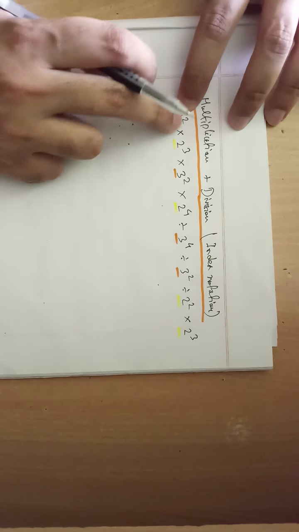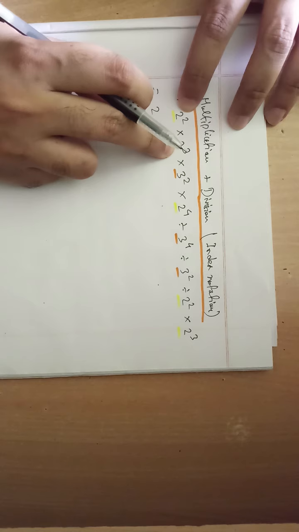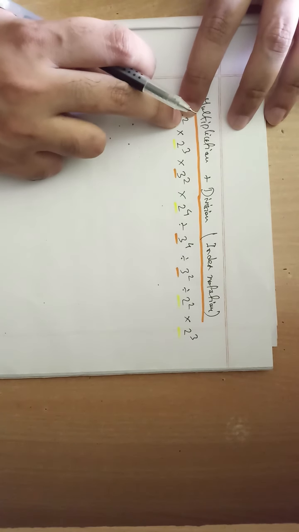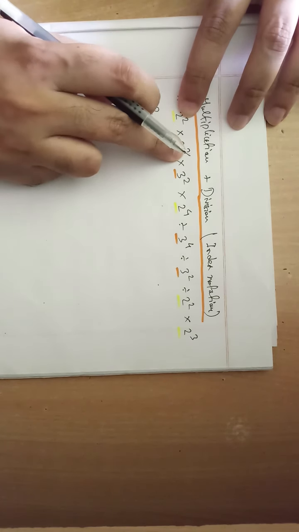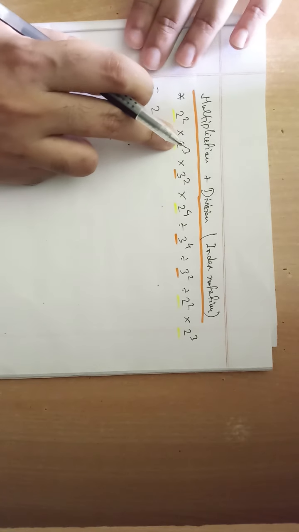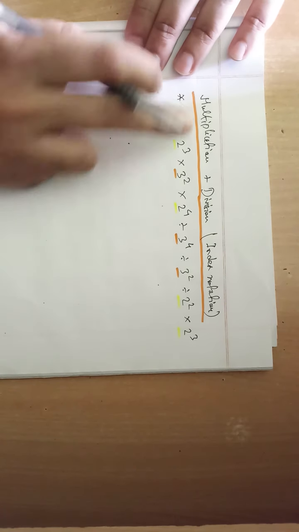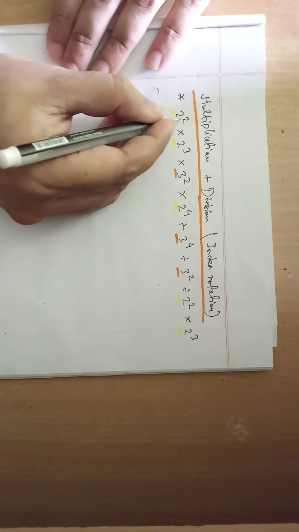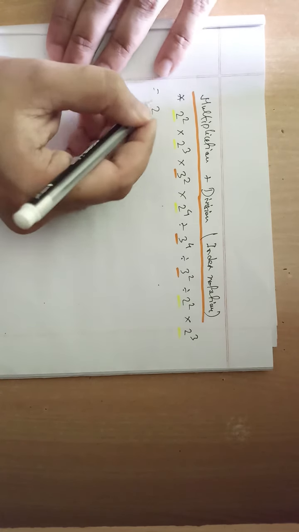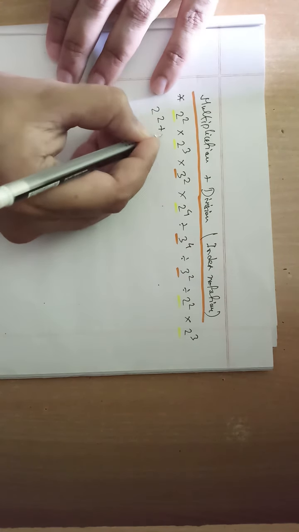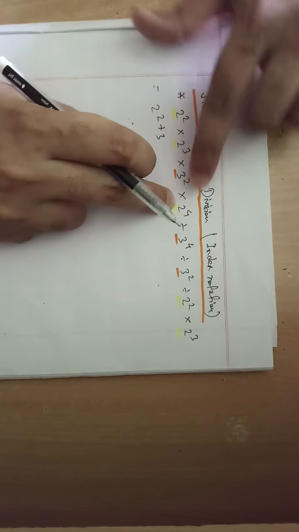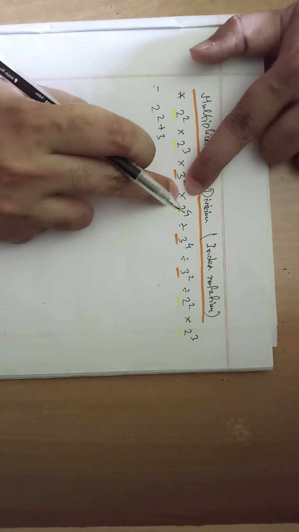Now when there is a multiplication, right? So 2 square multiplied by 2 cube. So while they are in a state of multiplication, I will just add up the powers. So I have 2 square multiplied by 2 cube, so 2 plus 3, and then I have got another 2 to the power 4, which is in a state of multiplication.